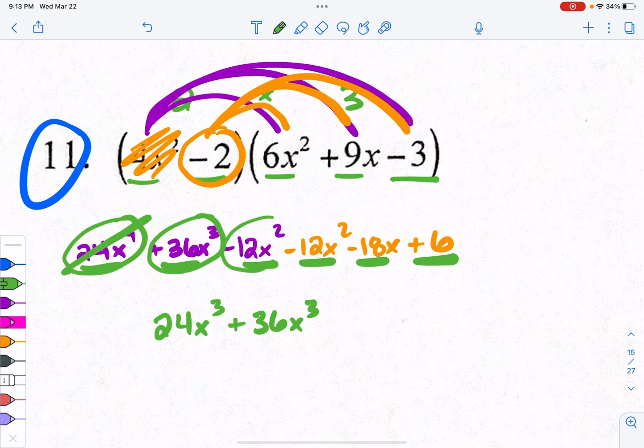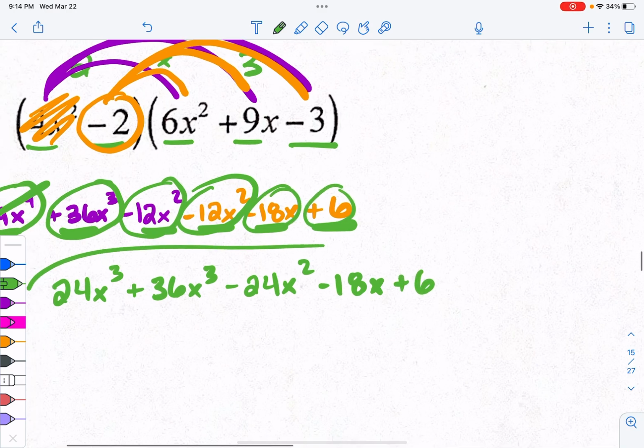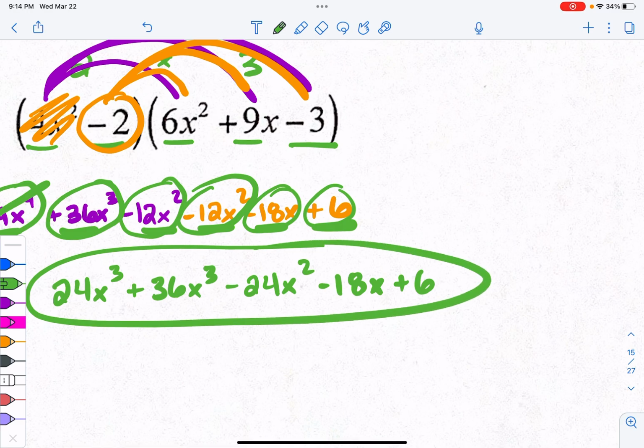I should circle those a little bit better so I can see the symbols there. Negative 12 and negative 12 makes negative 24x squared. They don't cancel out because they're both negative. If one was negative, one was positive, they would cancel. And then I've got minus 18x plus 6. Those go by themselves as well. So that is combining all my like terms. Really the only two that I could combine were these two.